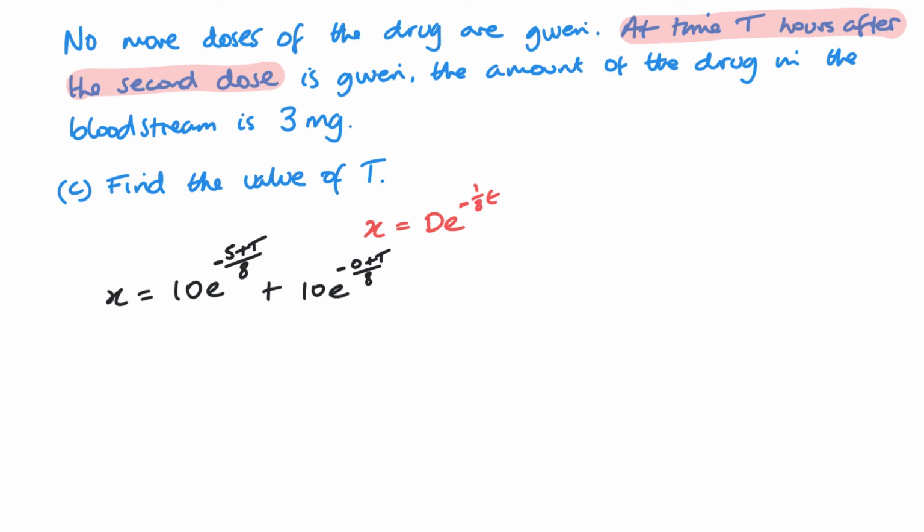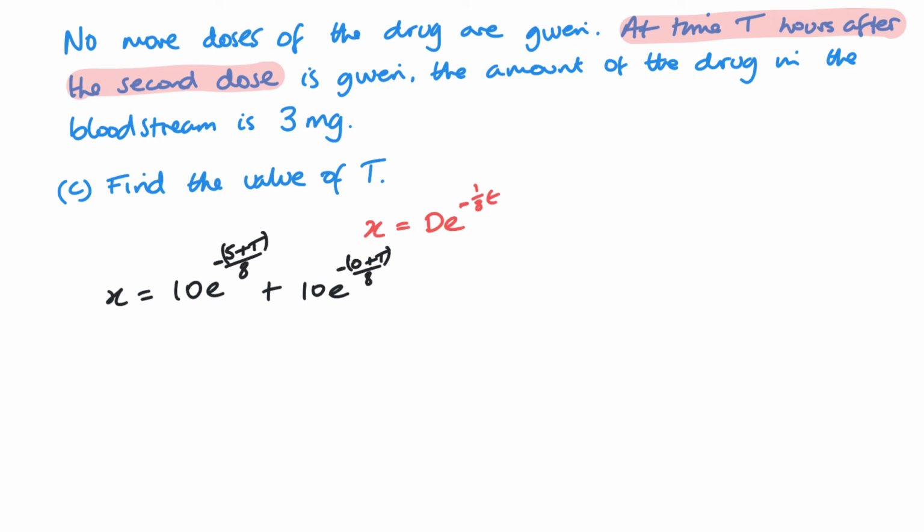This is because the second dose was taken at 5 hours, and then we're finding the value of capital T after that. So the first dose is 5 hours plus T, the second dose then will be 0 hours plus T. And another thing to be careful of is I'm going to put brackets in here because of that minus is outside both of those values.